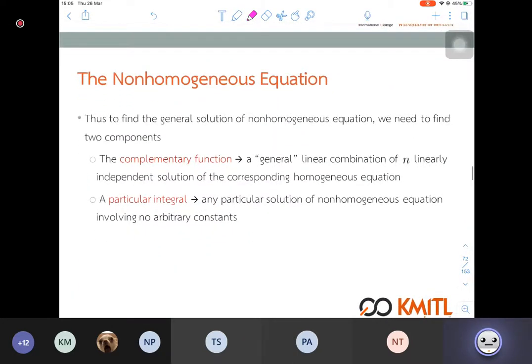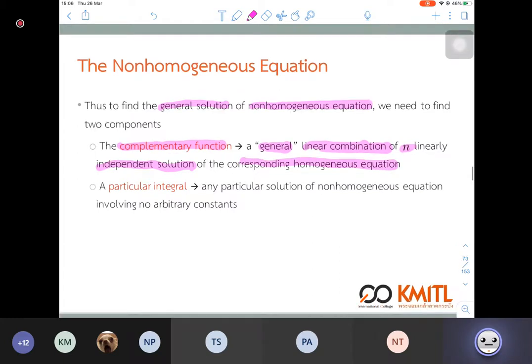So if we're going to apply this theorem, if we would like to find the general solution of the non-homogeneous equations, we're going to need to find two things. The first thing is the complementary solution. This is a linear combination of n linearly independent solutions of the corresponding homogeneous.